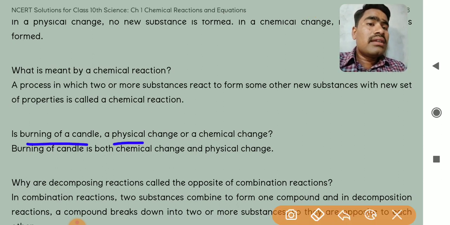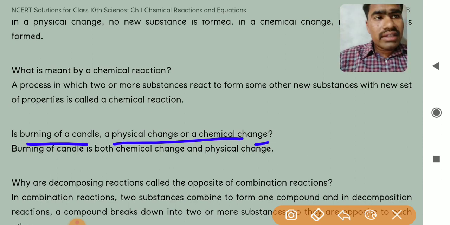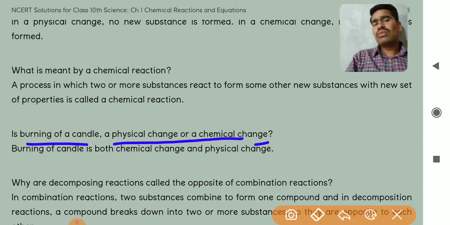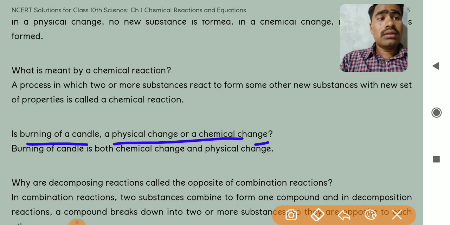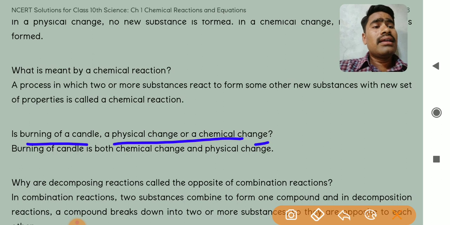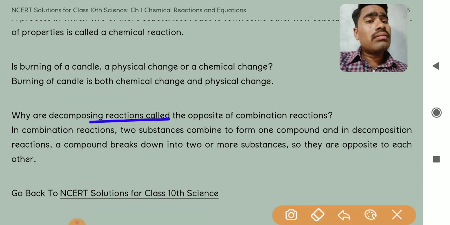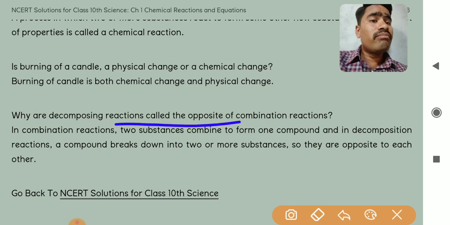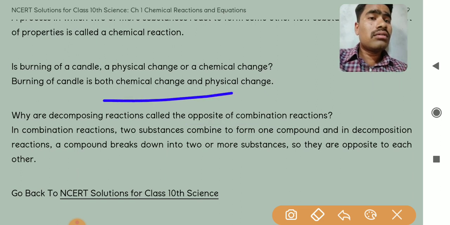Is burning of a candle a physical or chemical change? If you wonder, actually burning of a candle is both a chemical as well as a physical change. The reason is that during the burning of a candle, the wax melts.